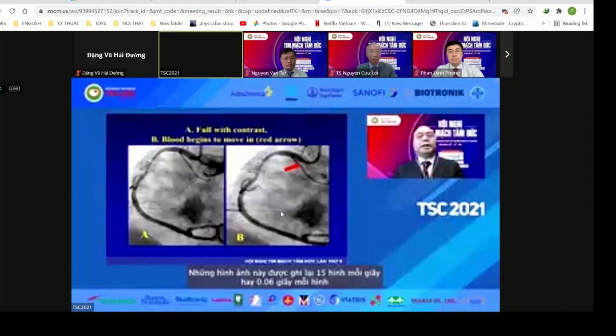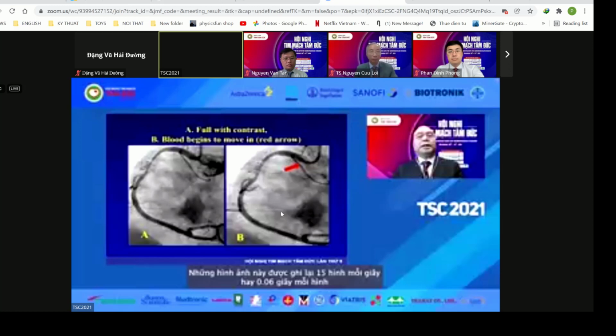This area has recurrent reverse flow and turbulence. This is the area with intimal injury, and this is the cause of the lesion at the distal right coronary artery, proximal to the PDA and PLB.